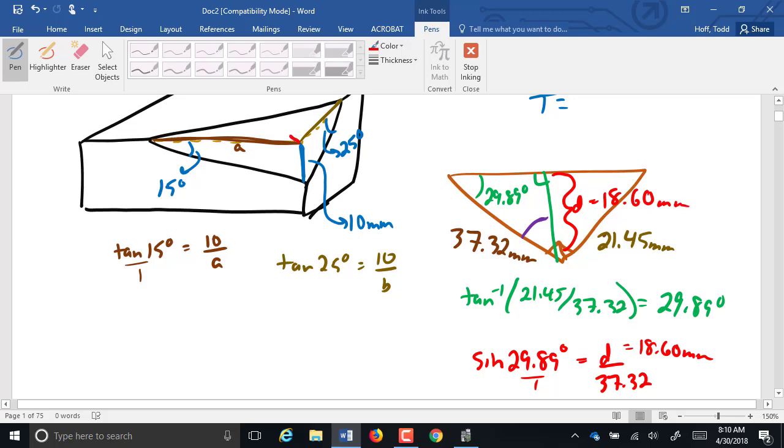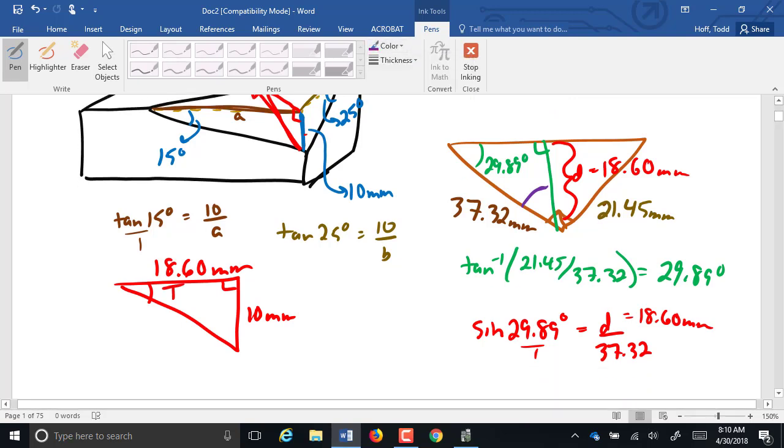So now we come back here. We're looking at that triangle in the red there. So that triangle, this top is that 18.60 that we just found. This is the 10 millimeters that we guessed, started off with. This is our angle of tilt.